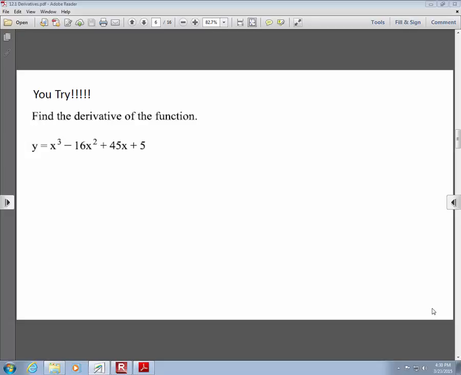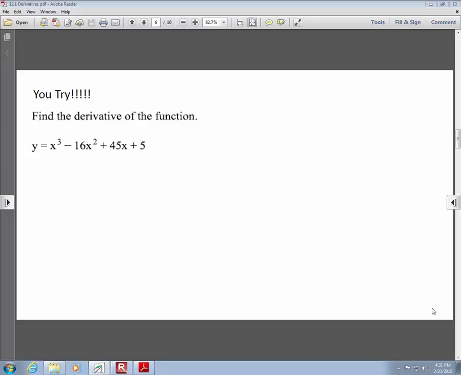Plus the derivative of 45x is just 45. So anytime you're taking a derivative with a number and just an x, your answer is just going to be the number in front of that x, 45. And the derivative of the constant 5 is 0. It's just plus 0, okay? But I don't have to write that 0, so my final answer is just this, class. I don't have to write the 0, that's my answer.